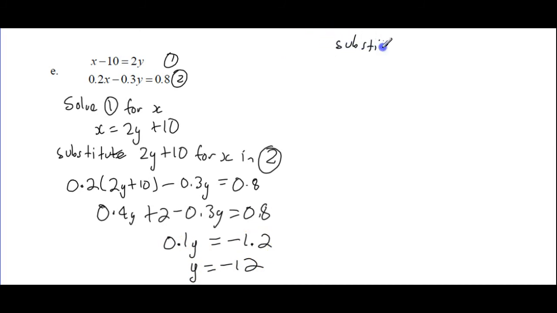So substitute negative 12 for y in, well, let's go with number 1.